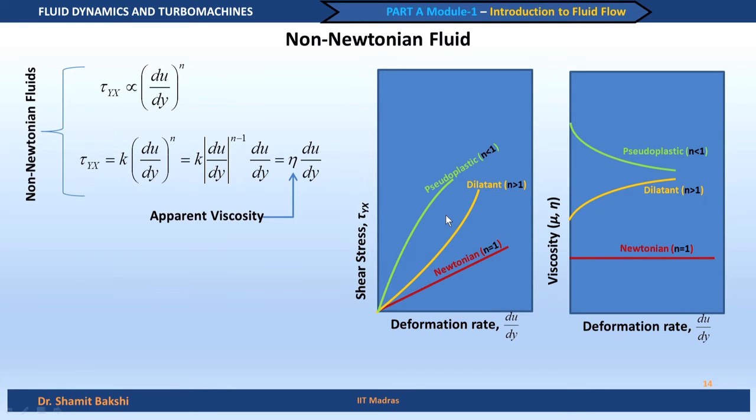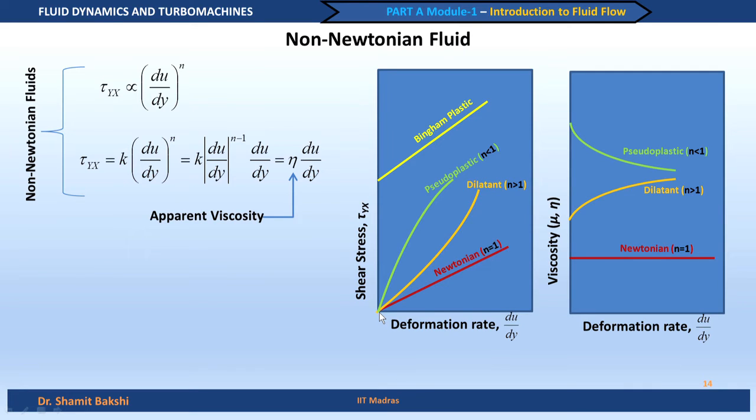Apart from this, there is something called a Bingham plastic. So, what is it? It is actually a plastic, that means it is like a solid to begin with. What you can see here is that this curve which shows a Bingham plastic does not pass through the origin.